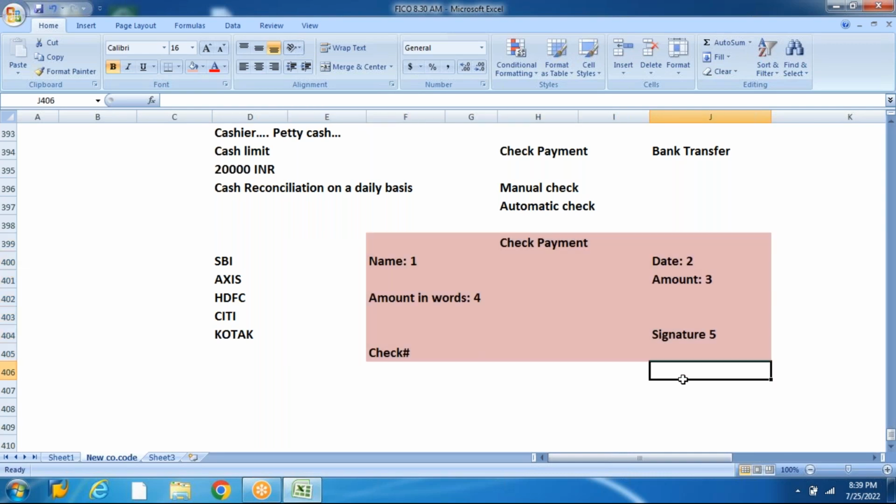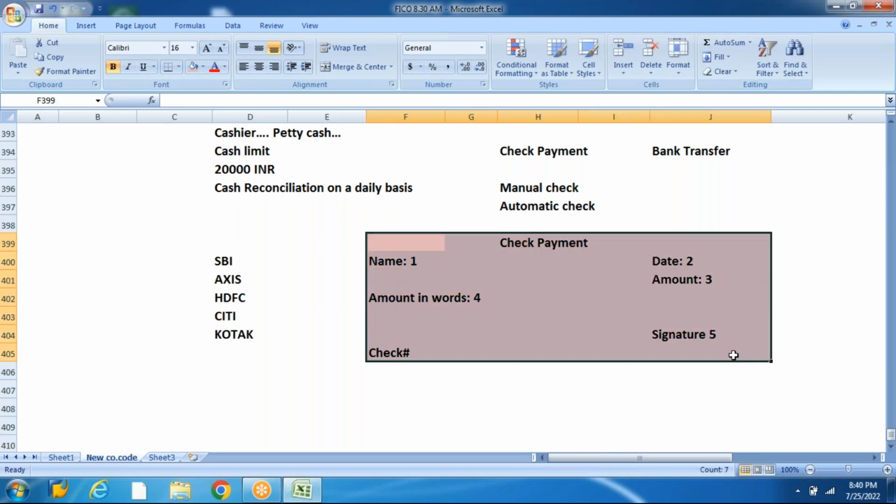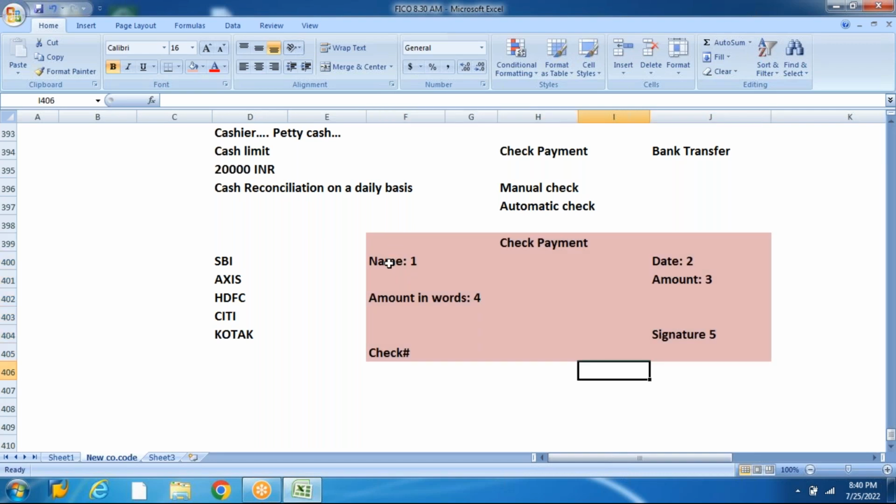Sometimes the name may be here, and another bank may have the name here. To overcome this, currently there is a system as per RBI which says that irrespective of the bank, no matter what bank you are representing or operating with, your check must be the same size, and your layout must be strictly as per the RBI guidelines.